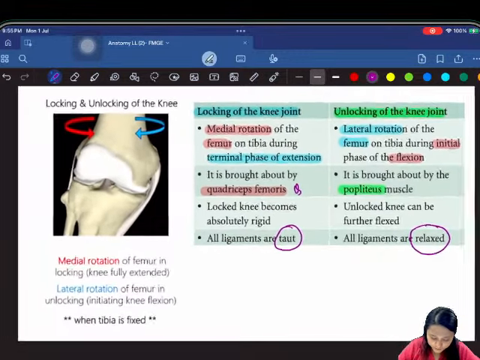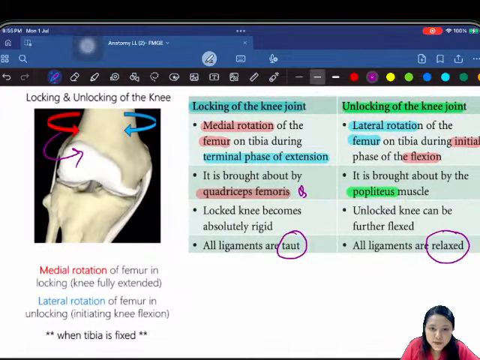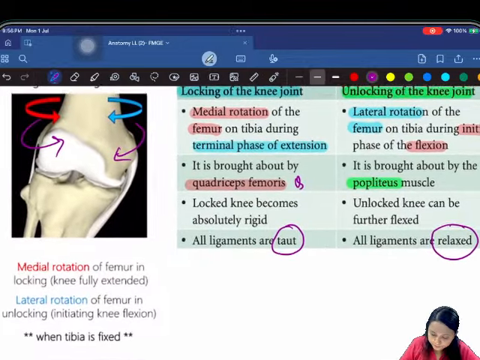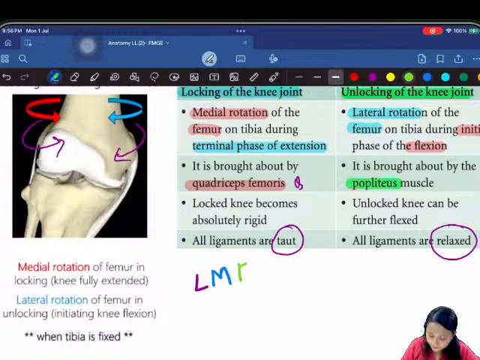So you can see here in this image, medial rotation means locking when the knee is fully extended, and lateral rotation means unlocking, that is initiating the flexion. So try to remember: locking, medial rotation and terminal phase of extension.